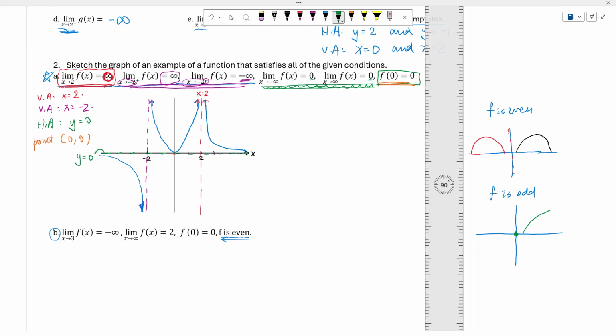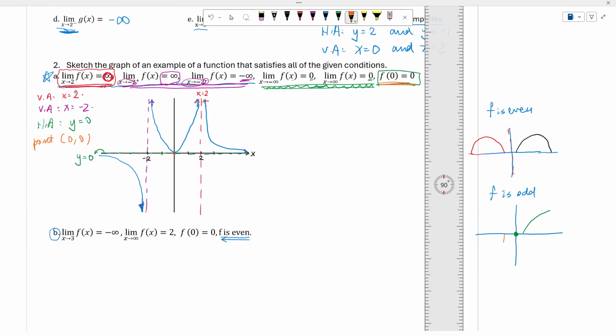So basically it means you have a reflection about the x-axis first, and then you have a reflection about the y-axis. So this is kind of like the final graph that you have.